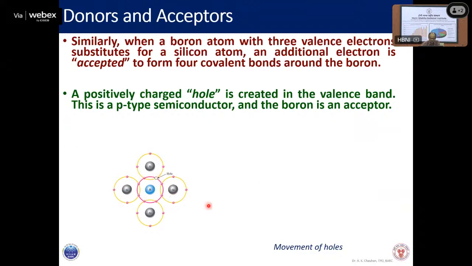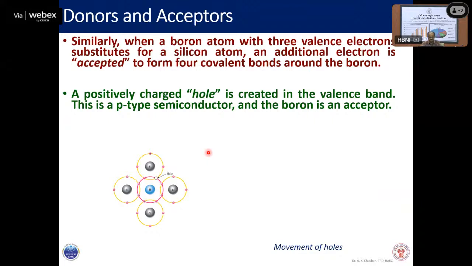If an electron is moving somewhere, this is a part of an infinite lattice, and there are other atoms also. So it can accept an electron from the nearby silicon, which is completely filled.